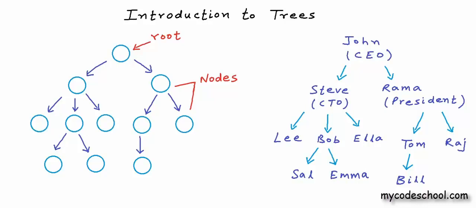In the tree that I'm showing right here, data is name of employee and designation. So we can have an object with 2 string fields, one to store name and another to store designation. Okay, so each node will contain some data and may contain link or reference to some other nodes that can be called its children. Now I'm introducing you to some vocabulary that we use for tree data structure.